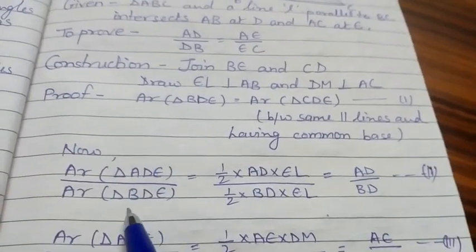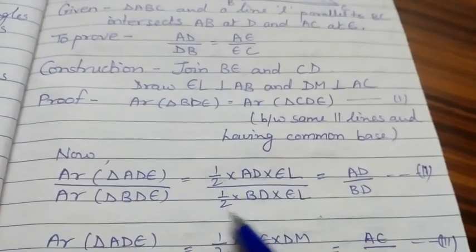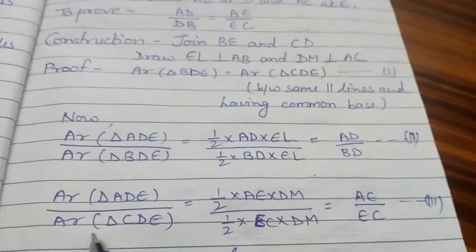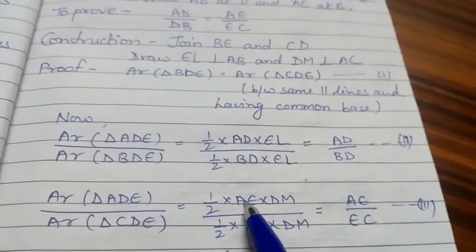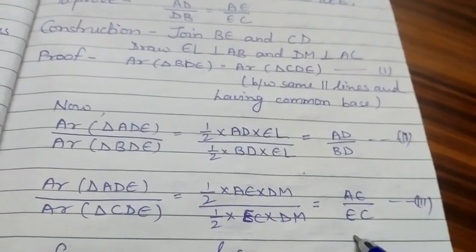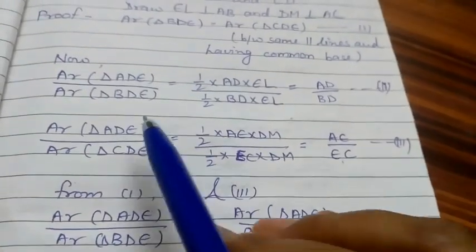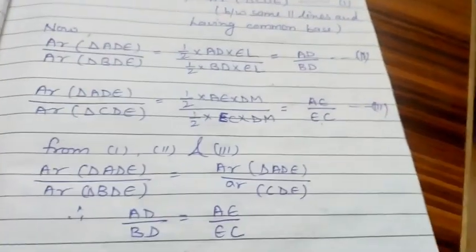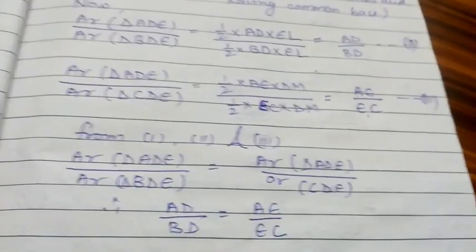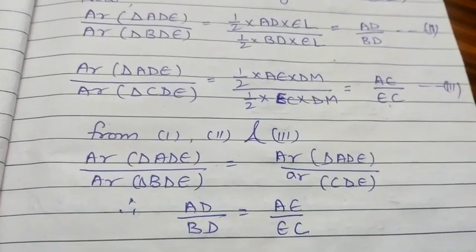Now, area of ADE upon BDE, 1 by 2 base into height, gives AD upon BD. Next, ADE upon CDE, 1 by 2 AE into DM, 1 by 2 CE into DM, gives AE upon CE. From 1, 2 and 3, the areas are equal, therefore AD upon BD equals AE upon EC. This is the very important theorem of the chapter Triangles.